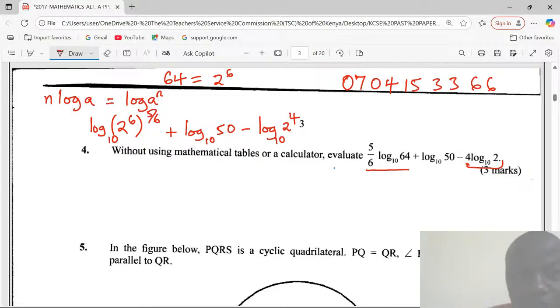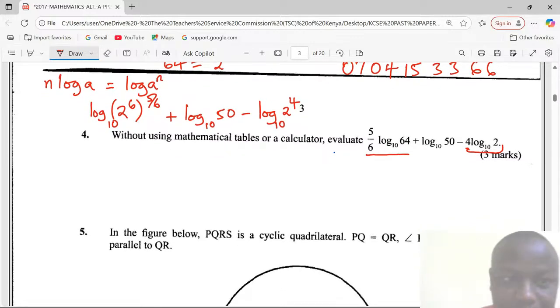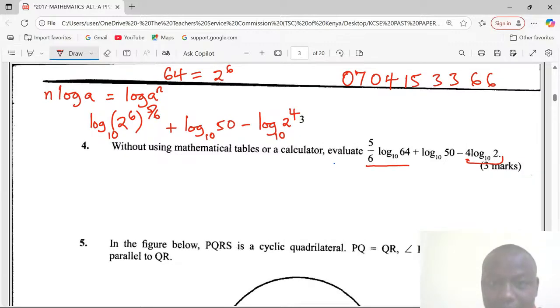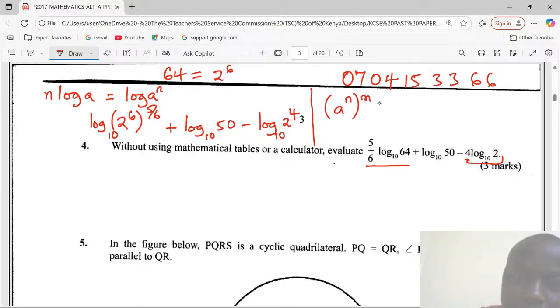Let me now play along with the powers first before we get back to laws of logarithms. According to the laws of indices, we have the product law of indices, such that if we have a power n, and this multiplies with m, then a has the product of the two powers.